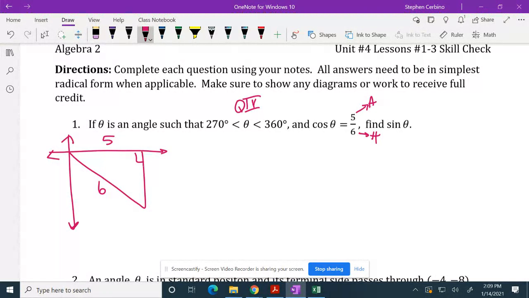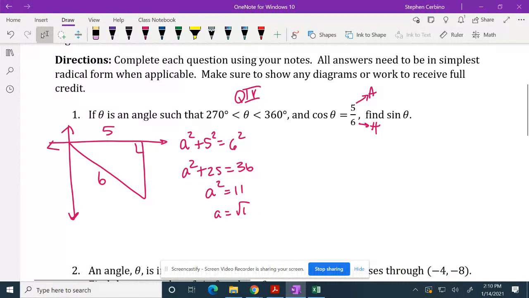We then have to go through and do the Pythagorean theorem. So we don't know a missing side, so I usually make that A. And we can say, 5 squared is 25. So A squared is 11, or A is the square root of 11, not 111, just 11.